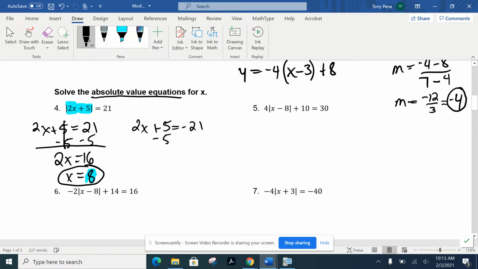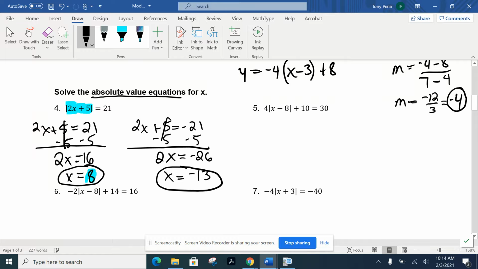The other side, if I subtract 5, we now get 2x equals a -26. Divide by 2. -26 divided by 2 is a -13. That's our other answer. If I plug in a -13, that's going to give me a -21, but since I do the absolute value of that, that will give me the positive 21.